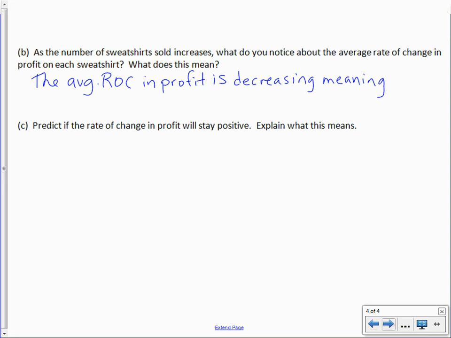So what did I kind of say? If it's decreasing, it's meaning my profit, sorry, yes? It's reaching the vertex of the function, or your maximum profit. Yeah, meaning the intervals are getting closer to the location of maximum profit.